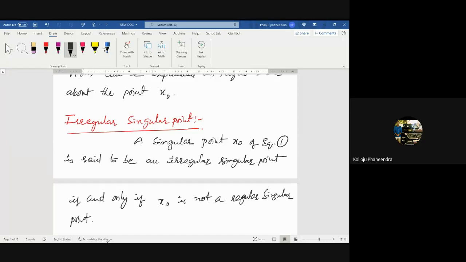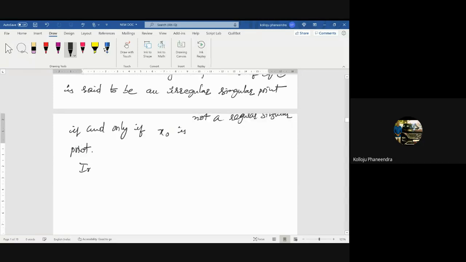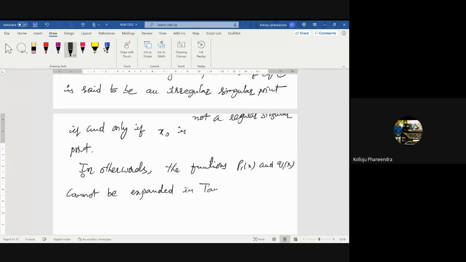In other words, the functions P1x and Q1x cannot be expanded in Taylor series about the point x equal to x naught.